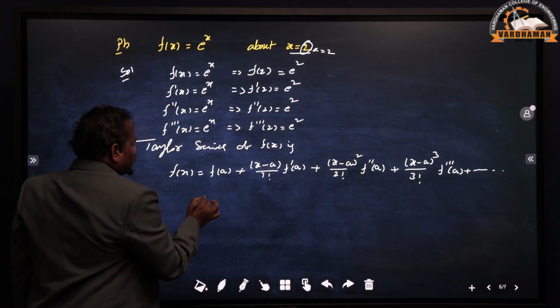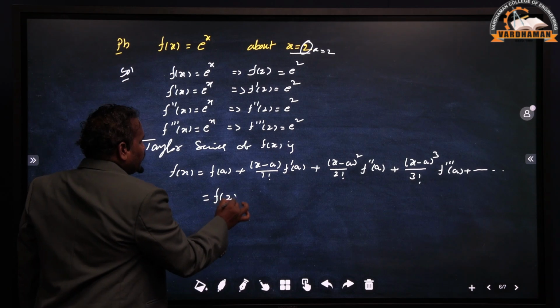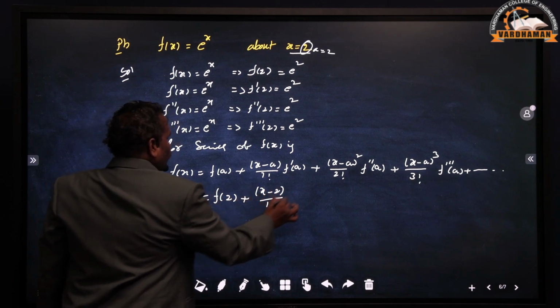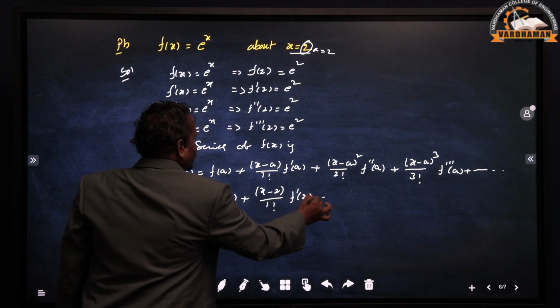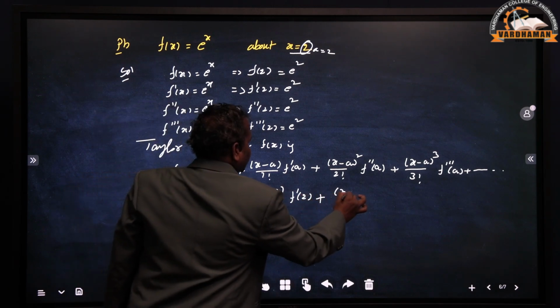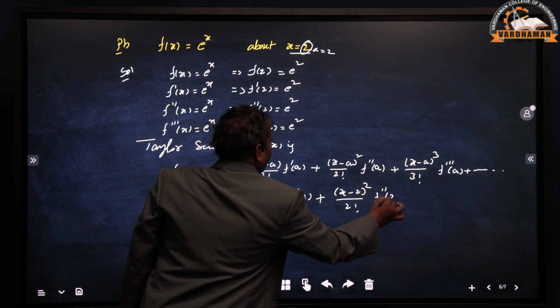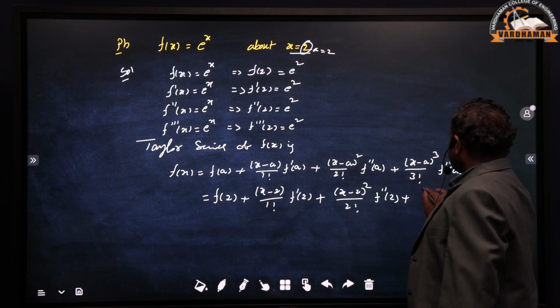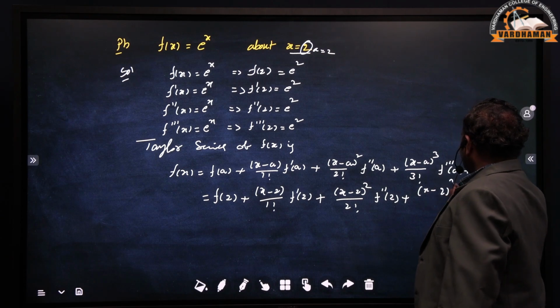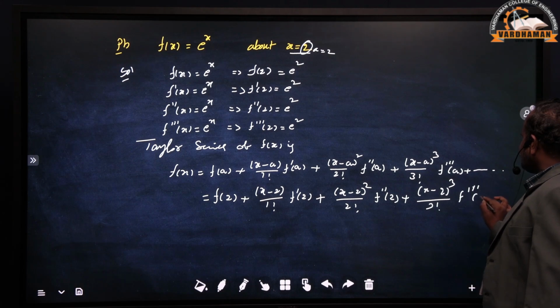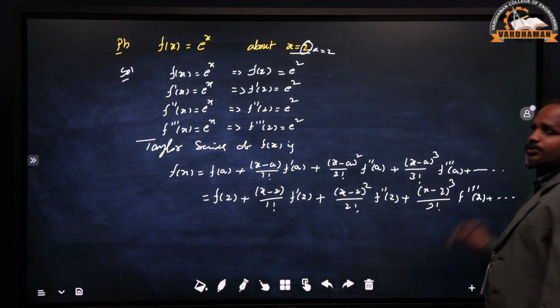The a value is what? 2. Substitute a value 2: f of 2 plus (x minus 2) by 1 factorial into f dash of 2 plus (x minus 2) whole square by 2 factorial f double dash of 2 plus (x minus 2) whole cube by 3 factorial f triple dash of 2 plus and so on.